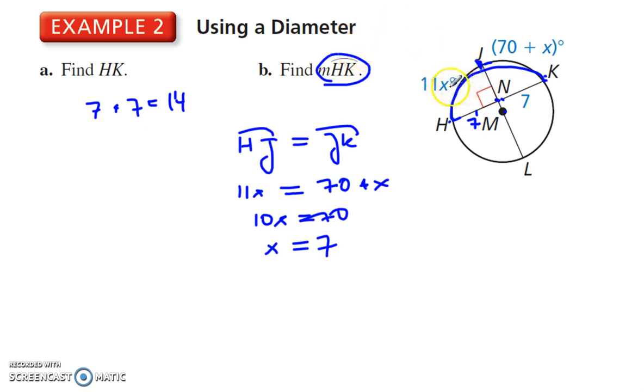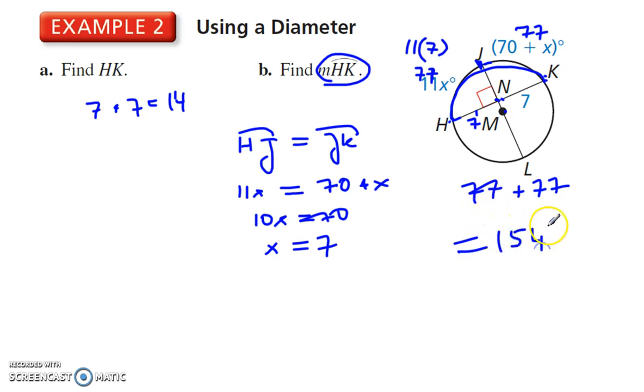So we plug 7 in here. 11 times 7 gives us 77. That means this one's also 77. So together, 77 plus 77 gives us 154 degrees.